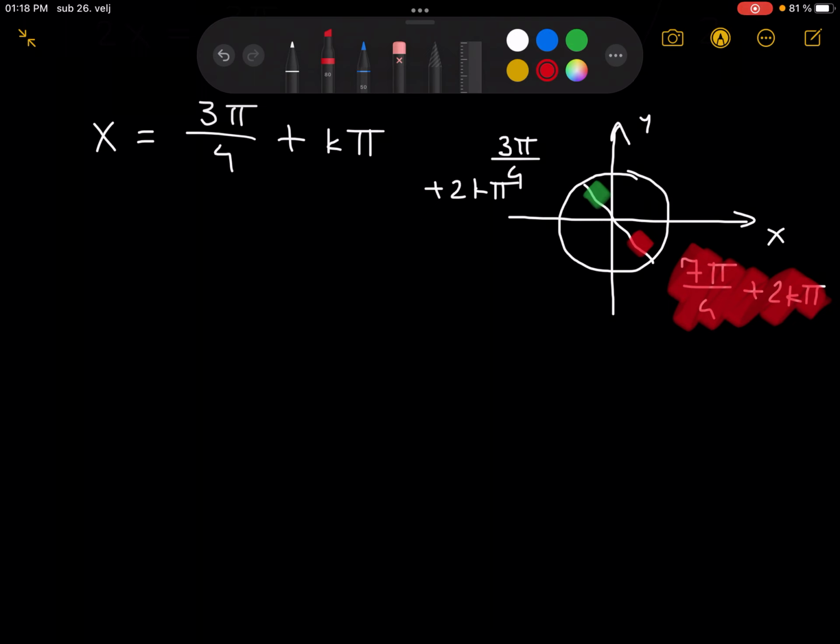So we get this part right here if k is equal to plus or minus 1, plus or minus 3, etc. And we'll get this value right here for k is equal to 0, plus or minus 2, plus or minus 4, etc.